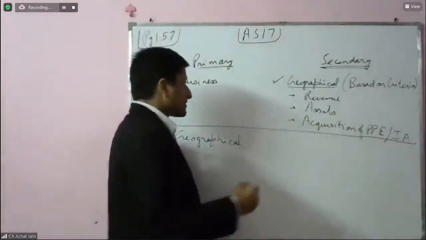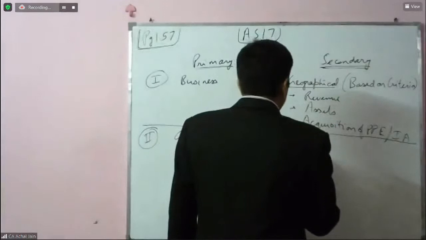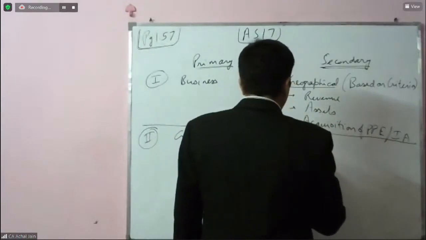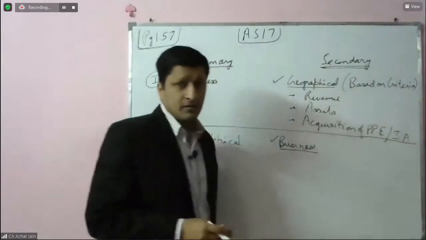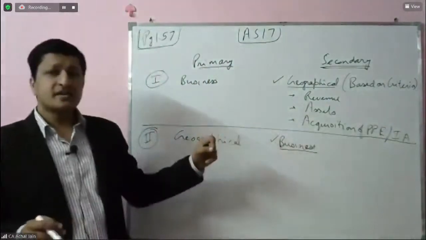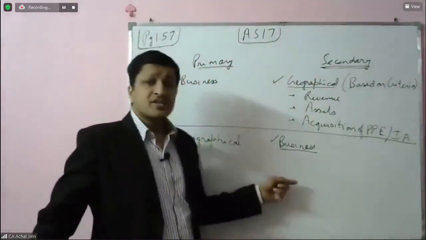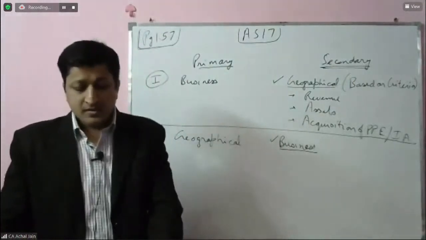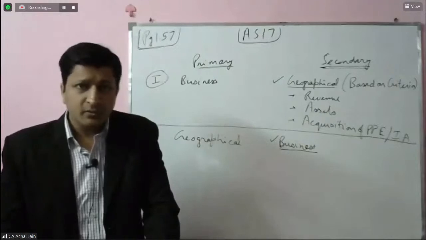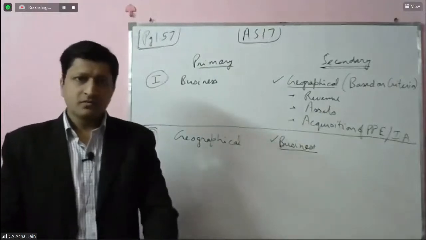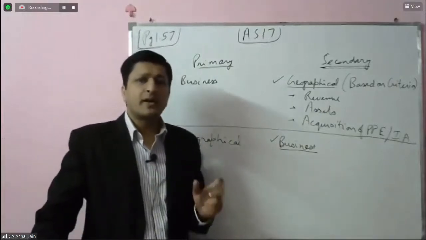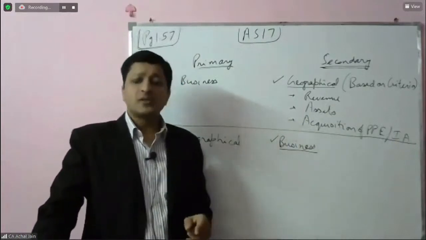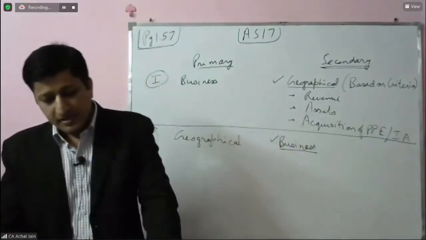In that case, business segment will become the secondary segment. And for this secondary business segment, some limited disclosures will be required to be given. Yes or no? Some limited disclosures will be required to be given. Now, what are those limited disclosures? Let's understand.